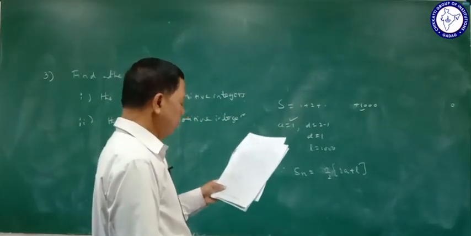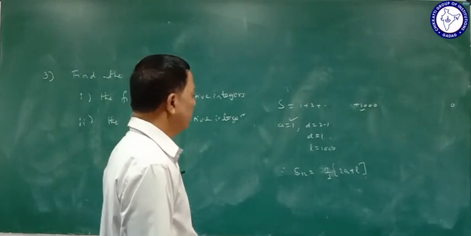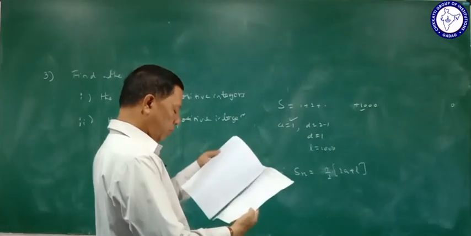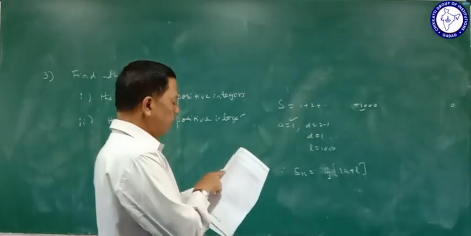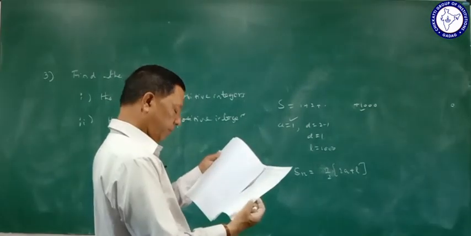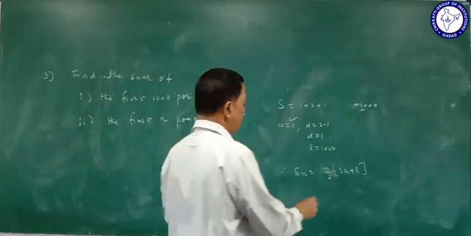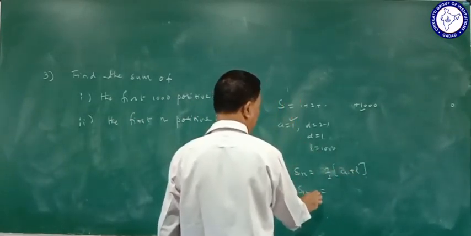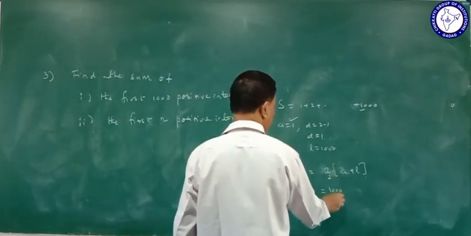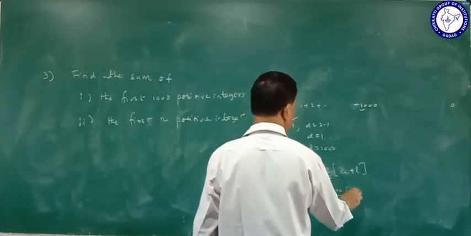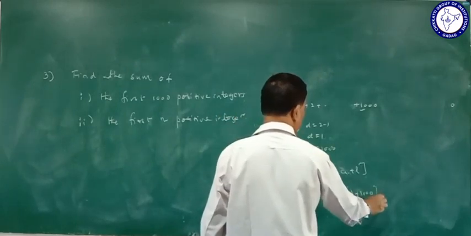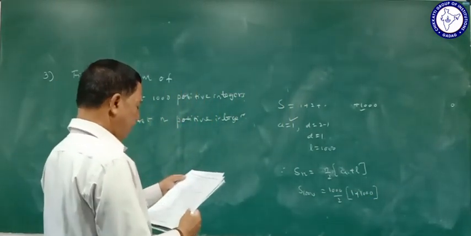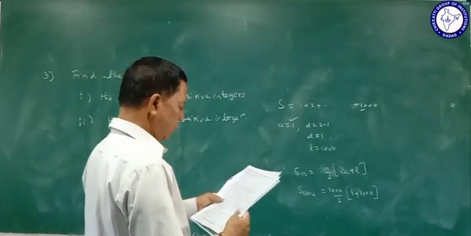So this is the formula we have used, n by 2 (a plus L). So what is S_1000? n is 1000, so 1000 by 2, and a, the first term, is 1 and the last term is 1000. So when you calculate this, you see the answer directly.